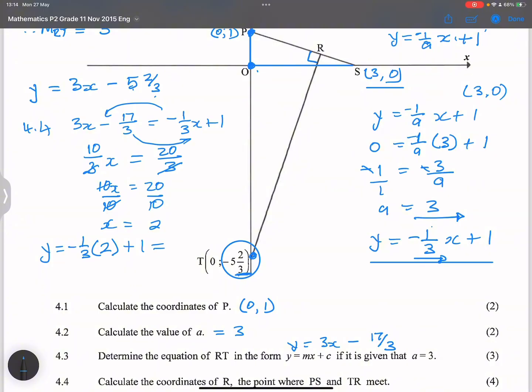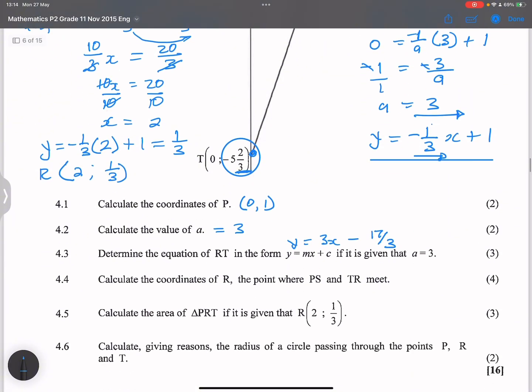So that's -2/3 plus 3/3, so that will give us 1/3. So in this case, you've got the coordinates of R as 2 and 1/3. There was nothing wrong if you decided to substitute it in the other equation. You would get exactly the same thing.